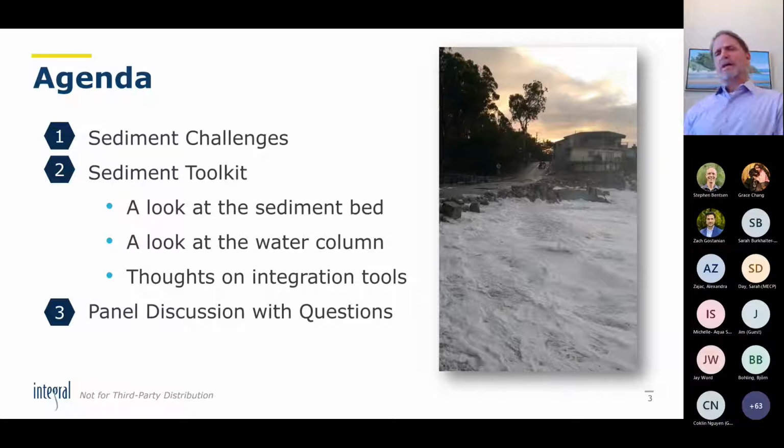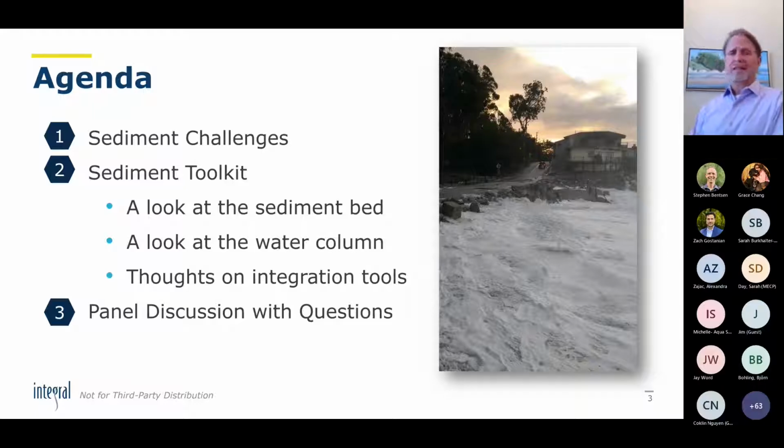I'm going to start off real quick, actually, with the description of this picture. This was a few winters back in Santa Cruz, California, where I am, and this is the Pacific Ocean on the right-hand side, as you can imagine, and a roadway crossing nearby a lagoon, where a roadway has been built across the mouth of a lagoon. Typically, there's about a 150-yard sand beach in front of this.